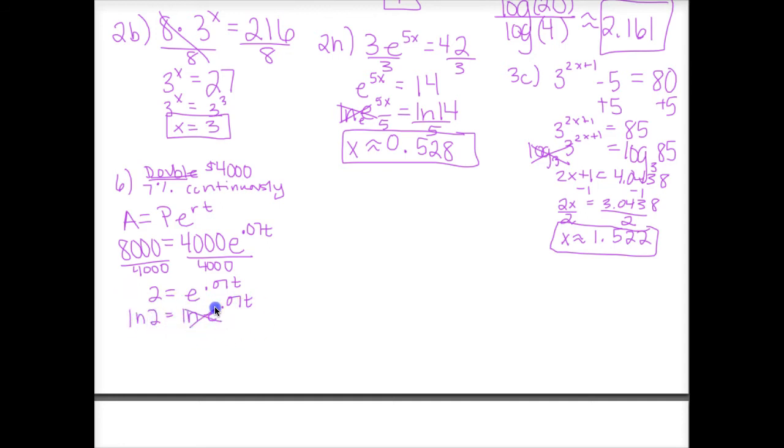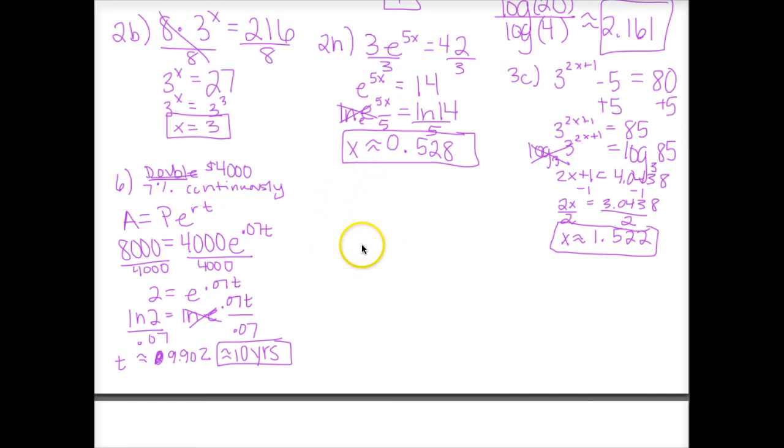So these cancel, and I've just got 0.07t equals natural log of 2. So press natural log of 2 into your calculator, and then divide it by 0.07. You should get t is approximately, I don't know why I wrote 2, it's 9.902. So if we're talking about t, which is measured in years, it's going to take us 10 years to double that investment.